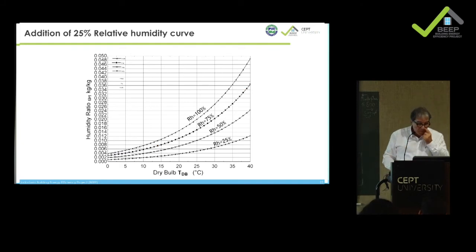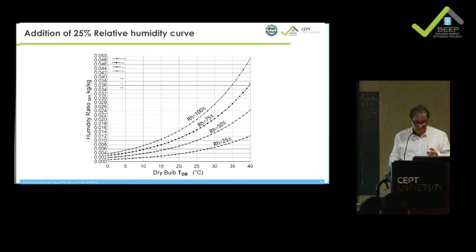So now we have seen that we can place the points if we know the relative humidity and the temperature, or the temperature and the absolute humidity, or the relative humidity and the absolute ratio. We need only two to find the third.